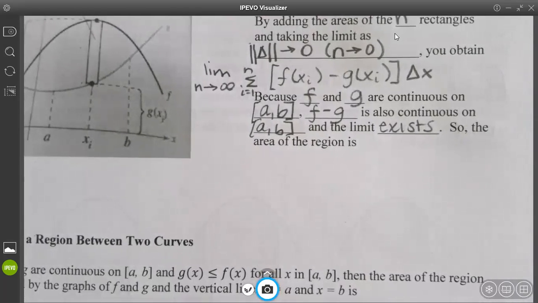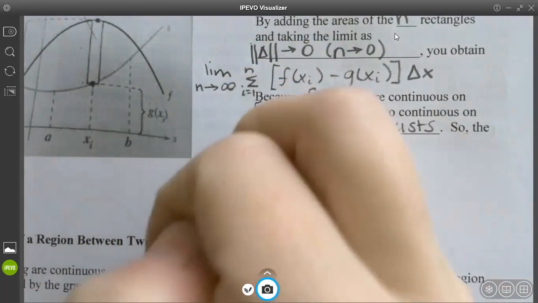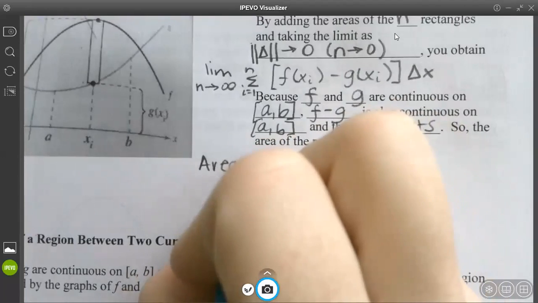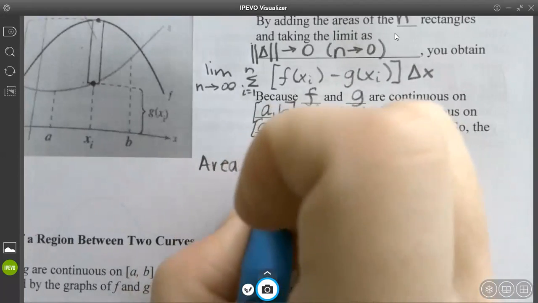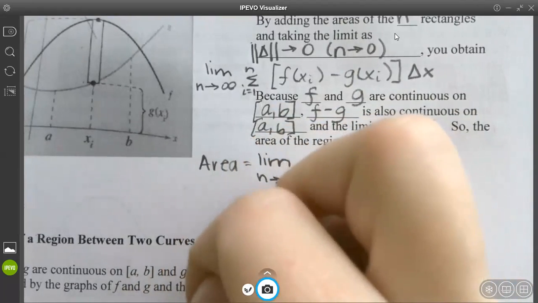So the area of the region is: area equals the limit as n approaches infinity.